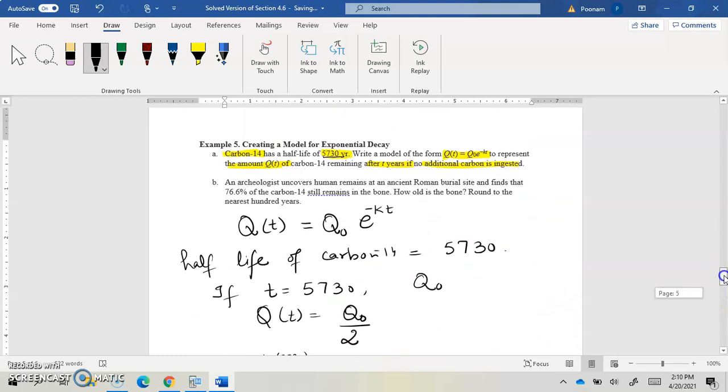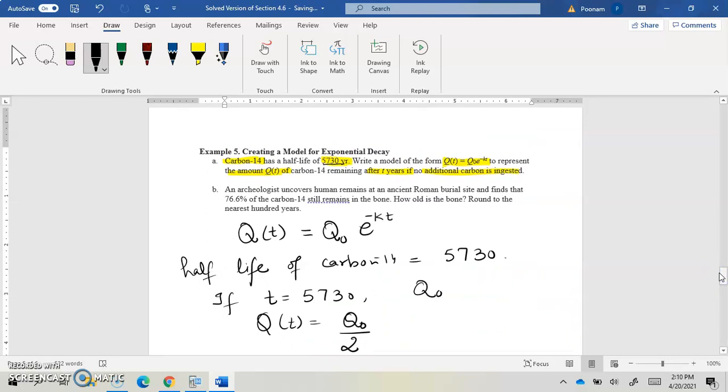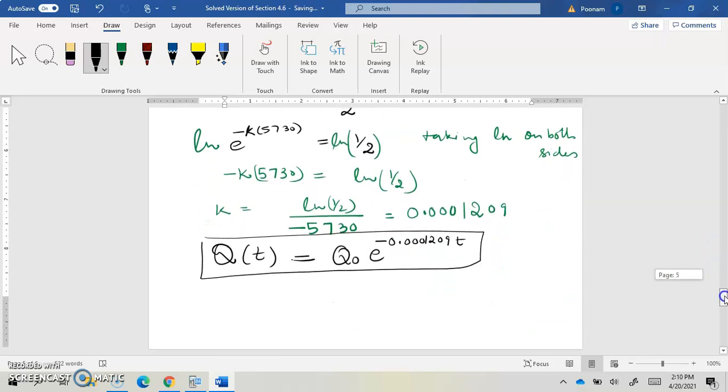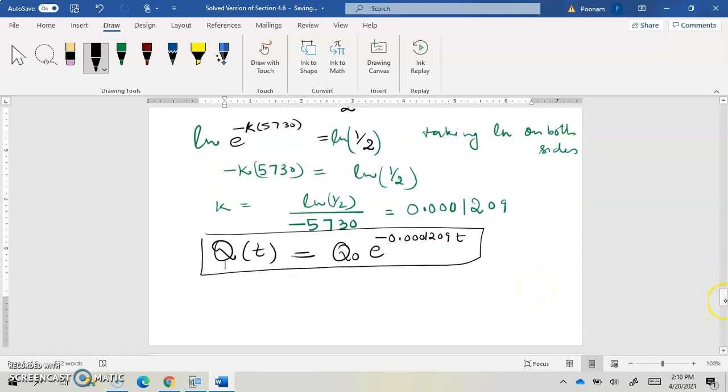An archaeologist uncovers human remains at an ancient Roman burial site, and finds that 76.6% of carbon 14 remains in the bone. How old is the bone? So, this is a model to figure out the age of the old burial site. Now, we have to find t when the amount of carbon is 76.6% of the initial value, whatever it is.